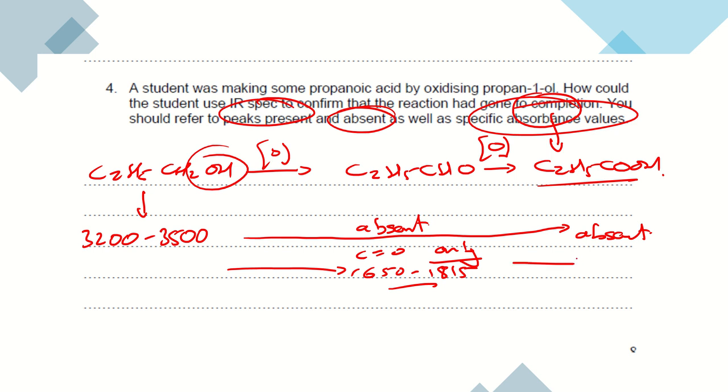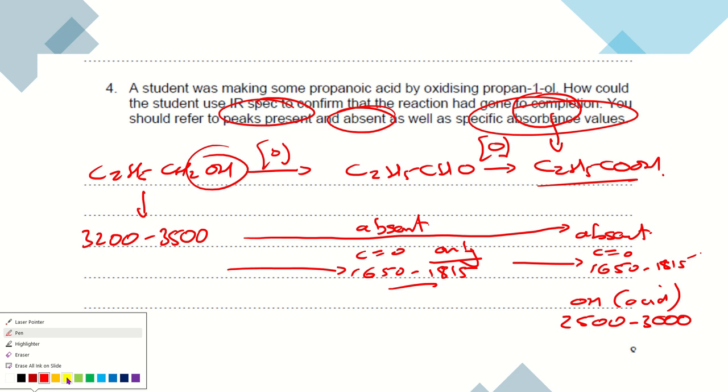If it's gone to complete oxidation, then you will have the C=O peak at roughly 1650 to 1815. You will also have an OH, but that's an OH for an acid peak, which is roughly 2500 to about 3000. That is present. And that is your answer. That's all the information that you need to have in there.